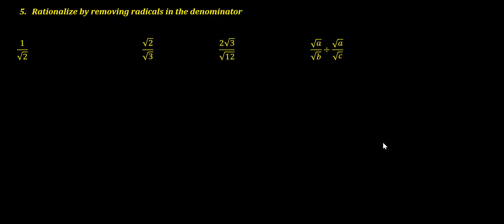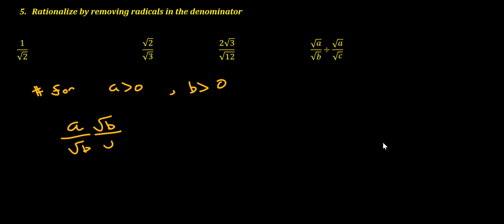So for a greater than 0 and b greater than 0, if we have a over root b, we multiply numerator and denominator by root b. This here is just simply equal to 1. So we're not changing the quotient or the fraction at all.